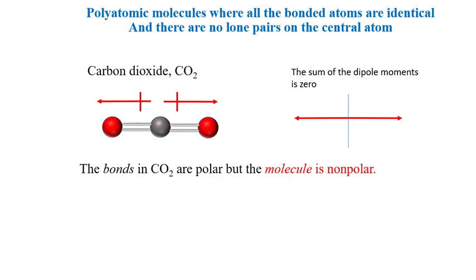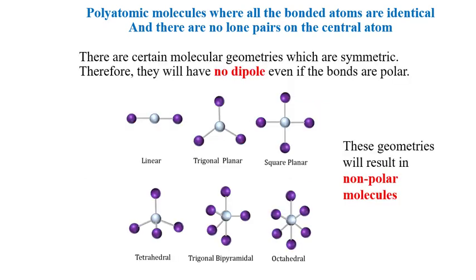So we can see that this applies to all these geometries. So all these geometries will lead to having a nonpolar molecule if all those bonded atoms, you see they're all purple to indicate they're all the same. So in general, you do not need to do the sum of the vectors.